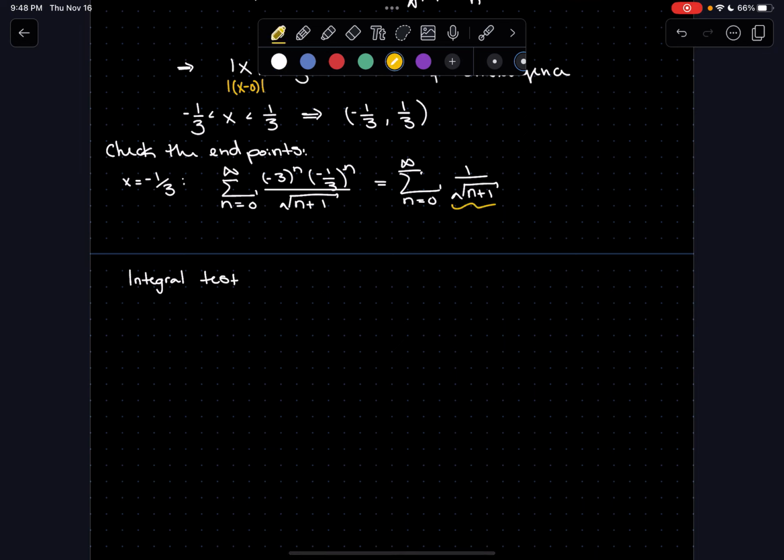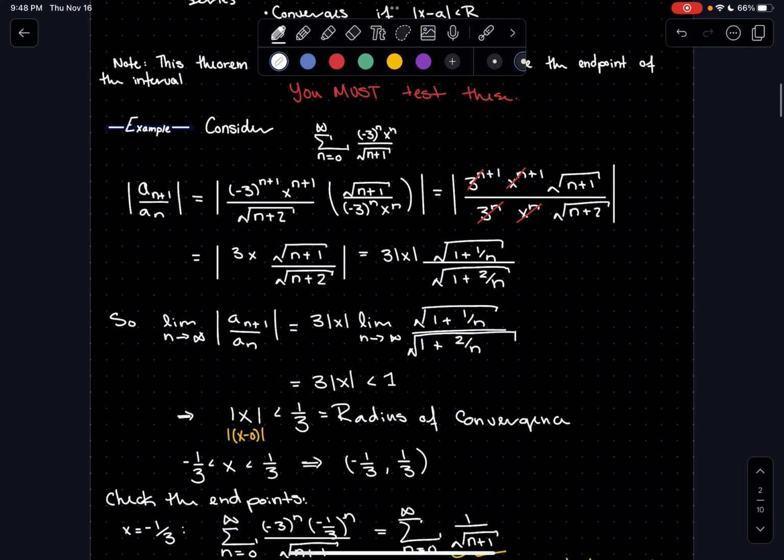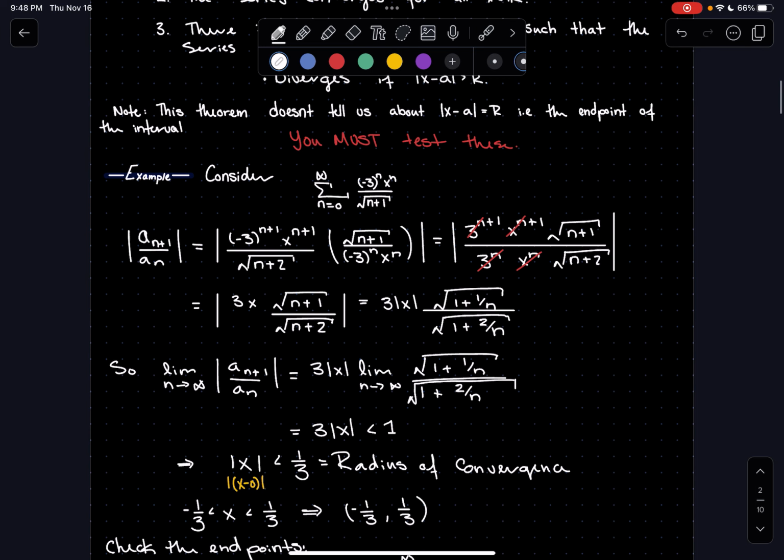This function right here is non-negative, and it's decreasing. So we can use the integral test, right? So we're going to, what was my sum from? Was it from n equals 0? It was from n equals 0.